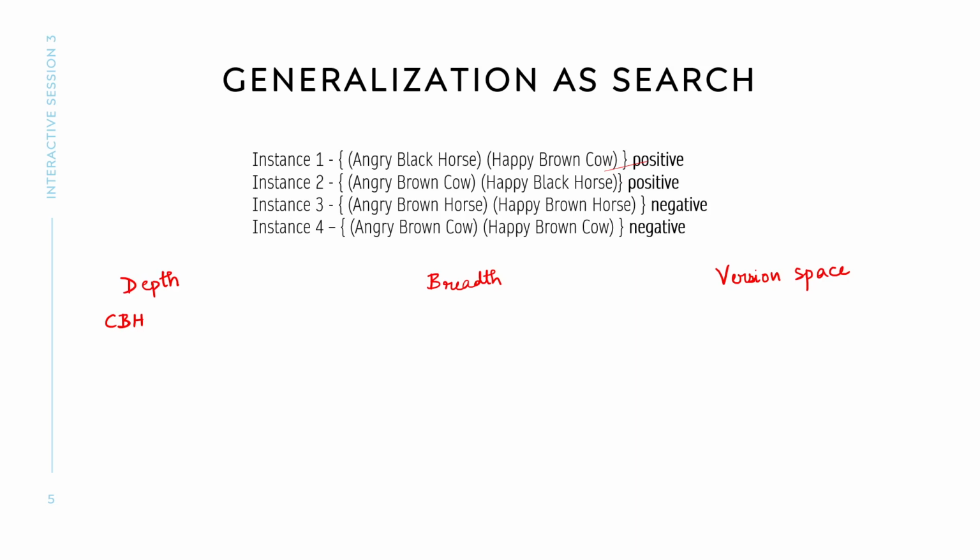The current best hypothesis actually gives a general thing for negative things, no? We should be moving more towards a positive. So a wild card and a brown horse could be one current best hypothesis.